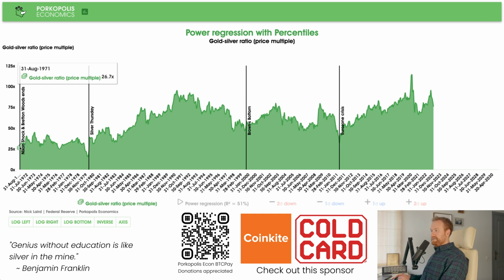So already by the Nixon shock, August 31st, 1971, this is a monthly chart, we are seeing silver decline relative to gold. Again, ironic, because most mainstream economists thought that gold would go to zero after it was depegged from gold at $35 an ounce in 1971.